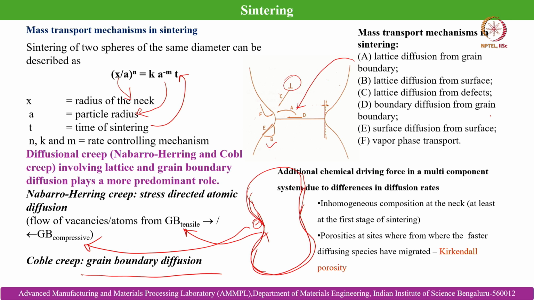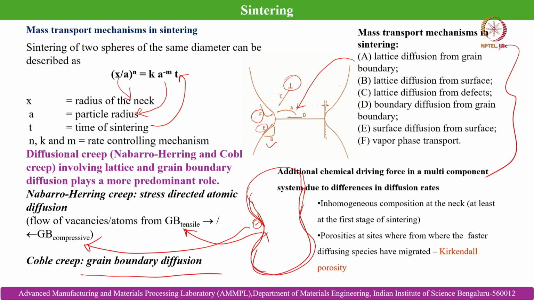D is boundary diffusion from grain boundary. E is the surface diffusion from surface. And then vapor phase transport is through the gaseous media; we have already discussed that we do sintering in the presence of a gaseous media, which promotes vapor phase transport. So these are the different mass transport mechanisms that are generally responsible for sintering densification of the powder aggregate.